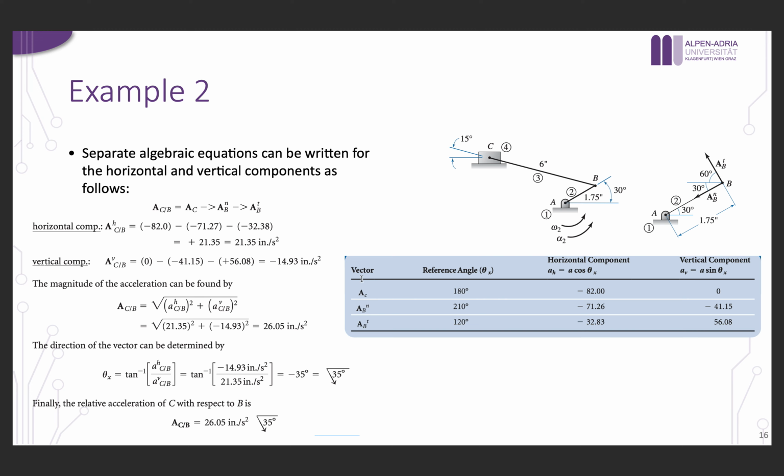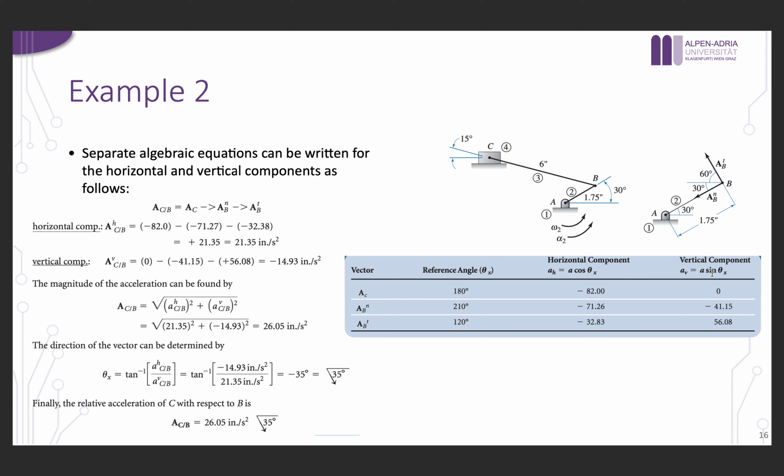So this is what we have done here. This is the formula, and here we organize a table showing all the vectors that I have: the absolute acceleration of C, the normal acceleration of P, and the tangential acceleration of P, with their reference angles 180, 210, and 120. For the horizontal component we multiply the magnitude by the cosine of theta, the reference angle, and for the vertical component we multiply the magnitude by the sine.